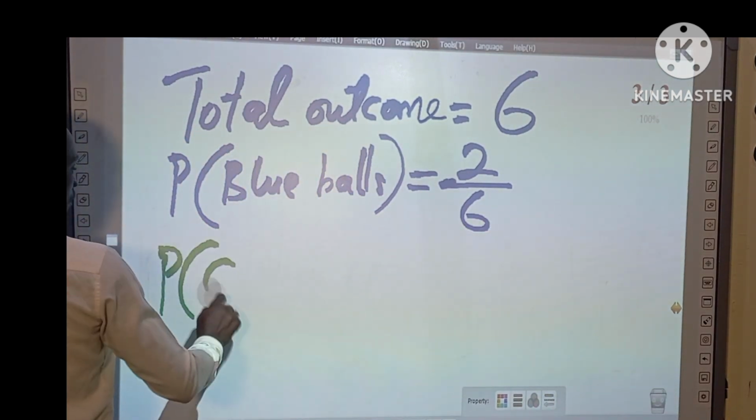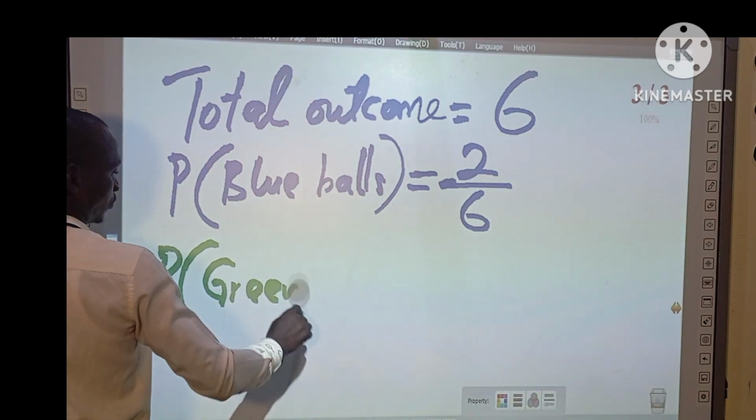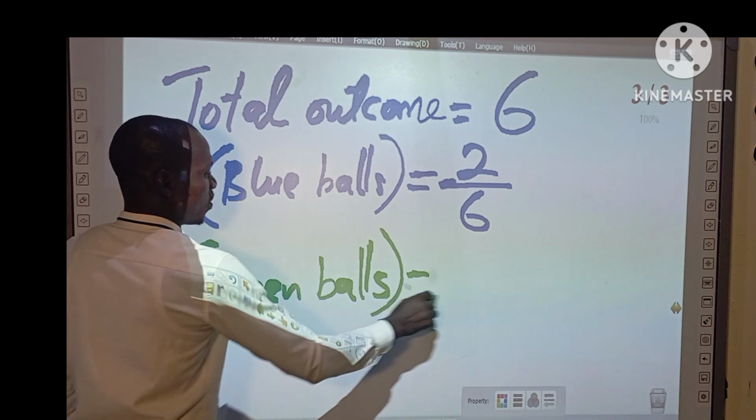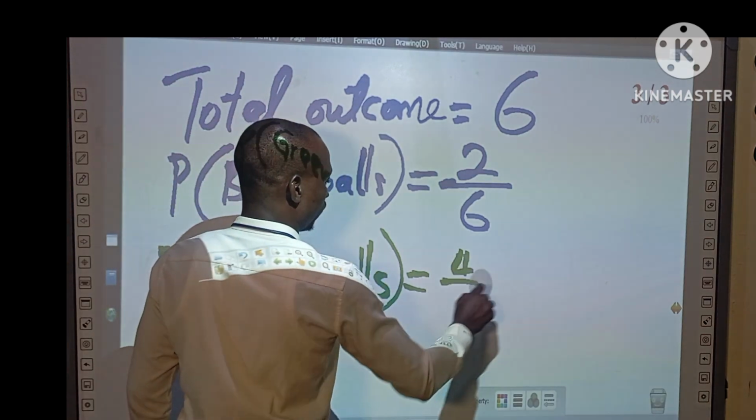Probability of green balls will be equal to 4 over 6.